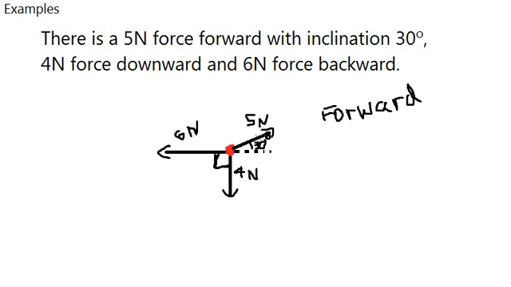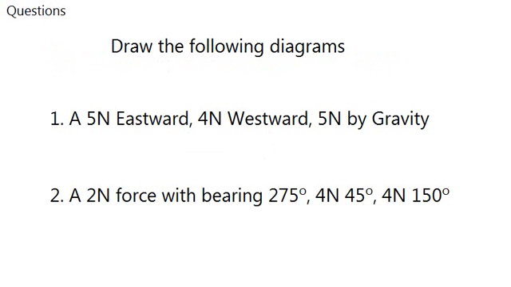So now you know how to draw diagrams, and I'm going to test you with it. Practicing is always the best way to learn, and now I've got 2 questions in fact, and I want you to draw the force diagram.